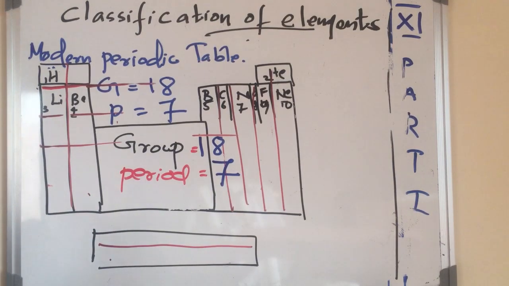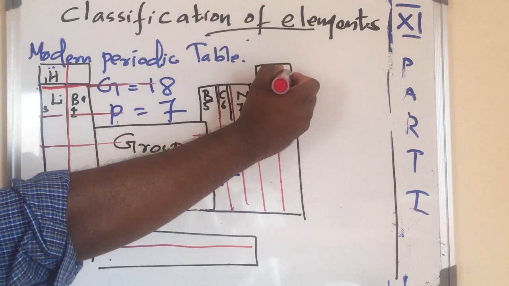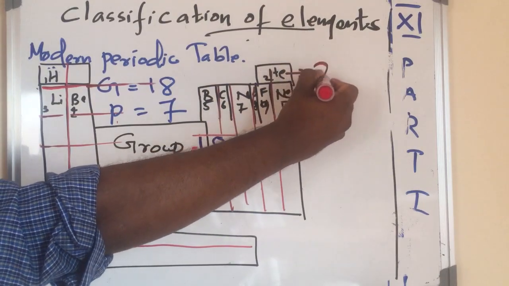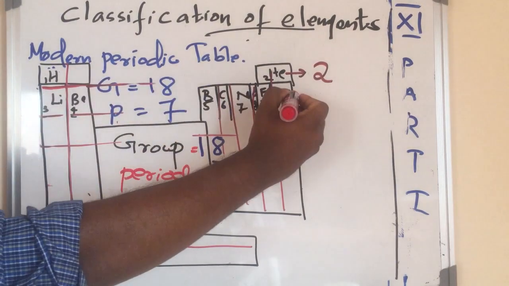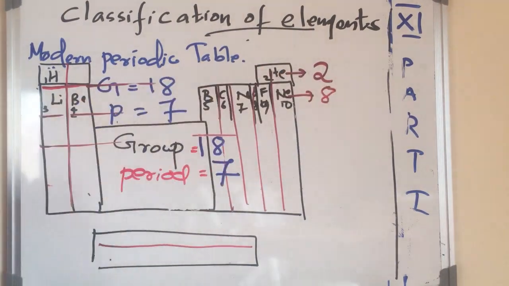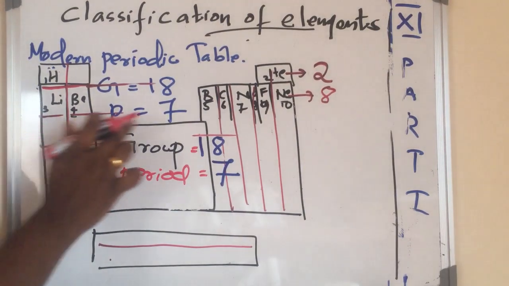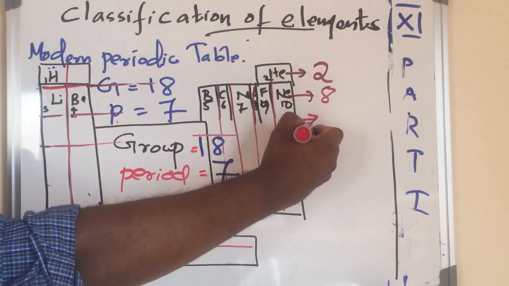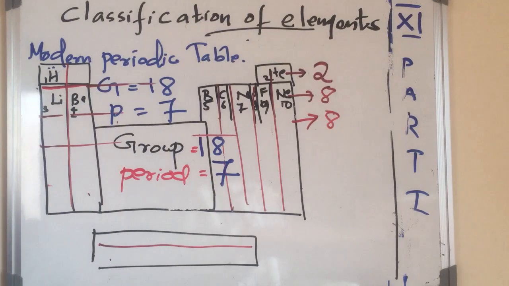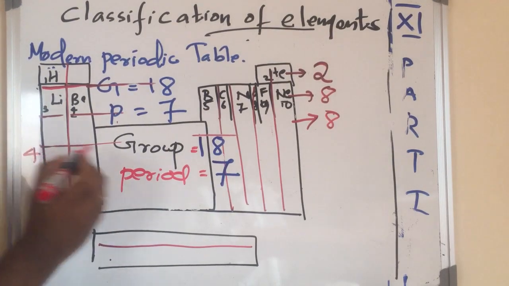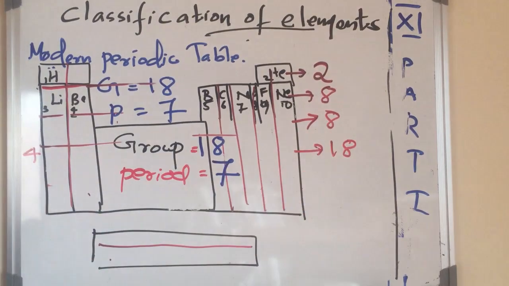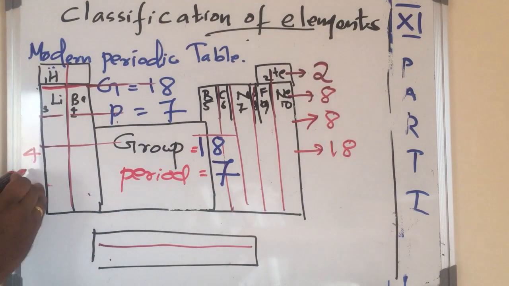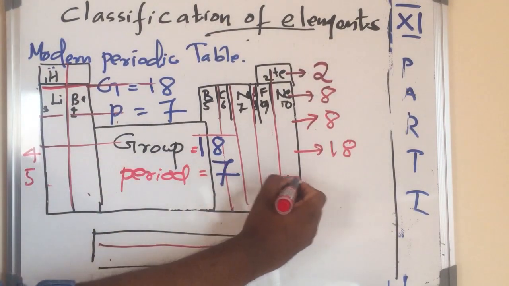Okay, then the first period contains how many elements? The first period contains just 2 elements, hydrogen and helium. The second period contains 8 elements. The third period contains again 8. And the fourth period contains 18. And what about the fifth period?